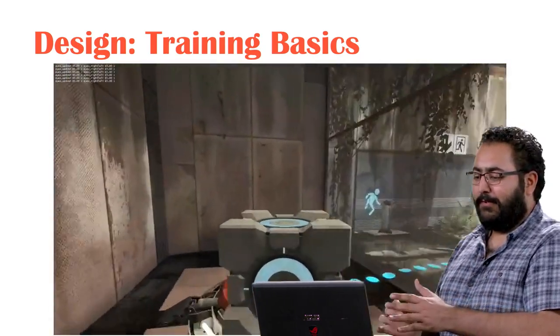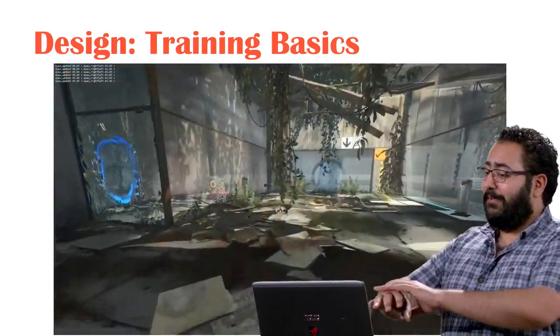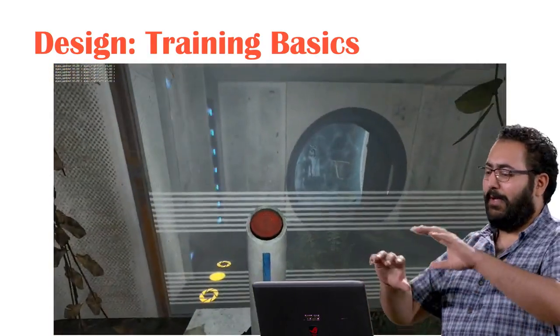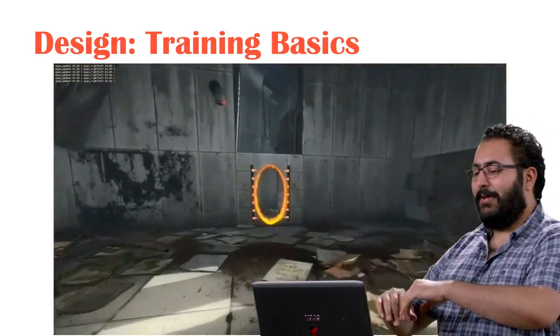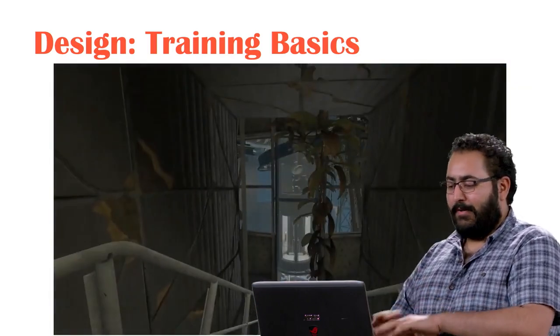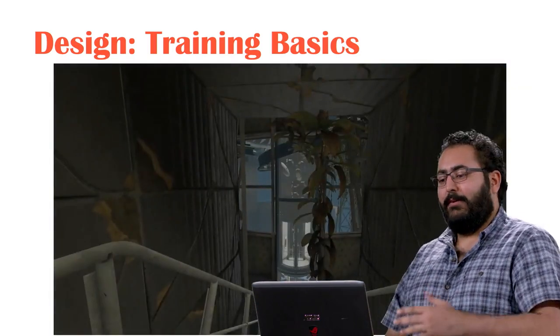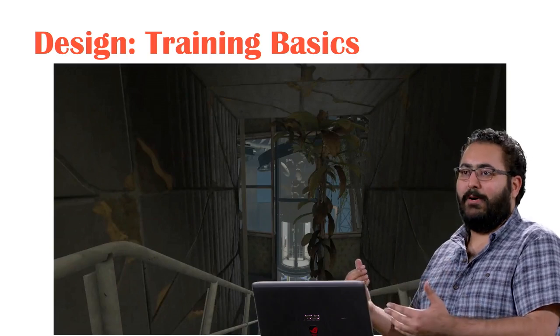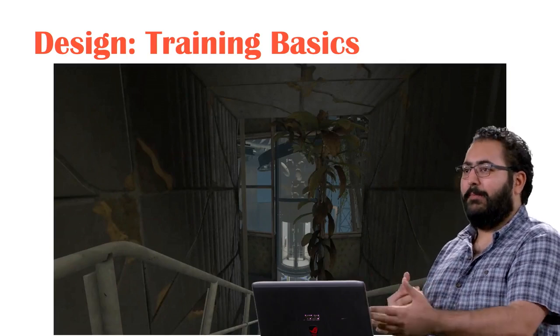There's a few reasons for this. The main one is that the level in Portal 2 has a lot more visual noise. It's an old level, with a lot of foliage, a lot of destroyed stuff, so it's not as clean as Portal 1. Also, in Portal 2 there are a lot of people that have already played Portal 1 and are probably already familiar with the mechanic.